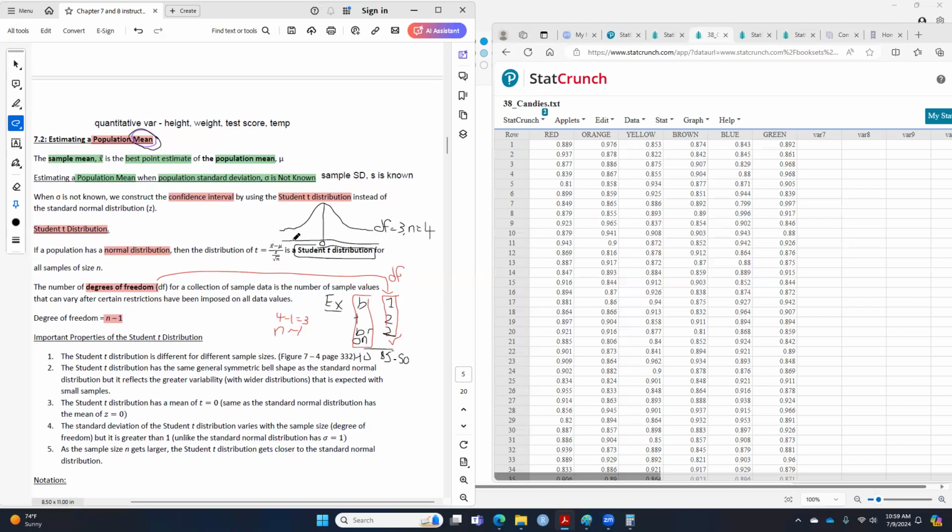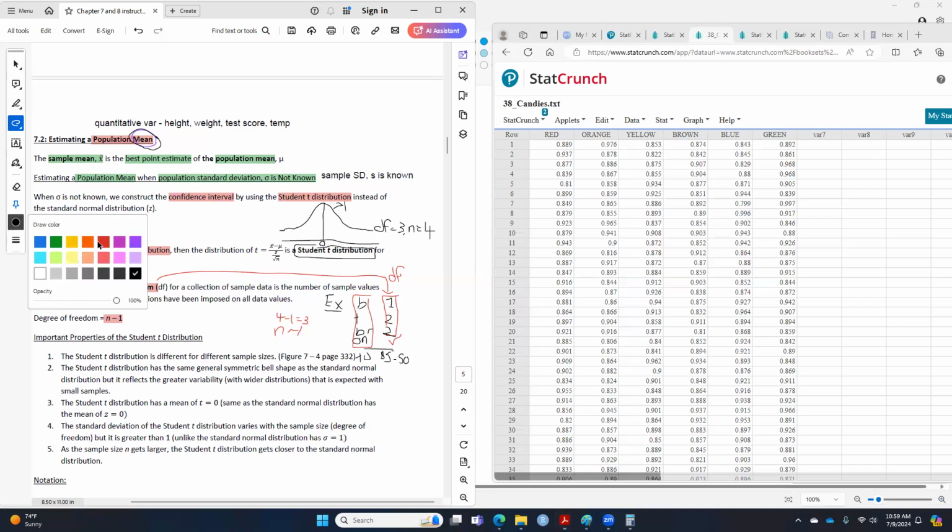The mean is still 0, but the standard deviation is not 1. It has to be greater than 1. Z has to be 1, but for student t it is greater than 1. And if you have a smaller sample size, your tail is a bit bigger.